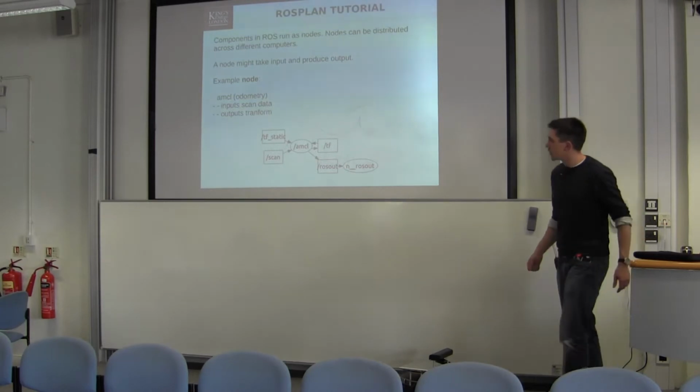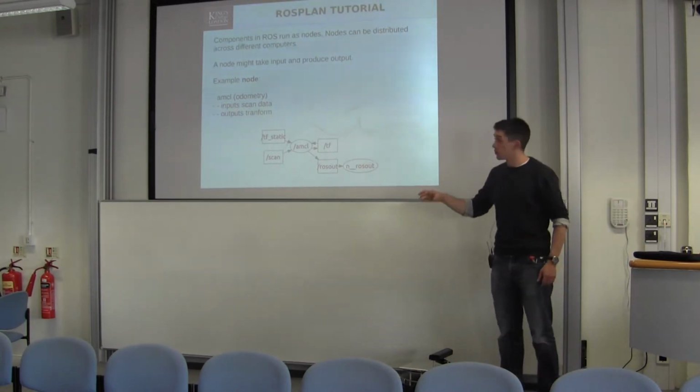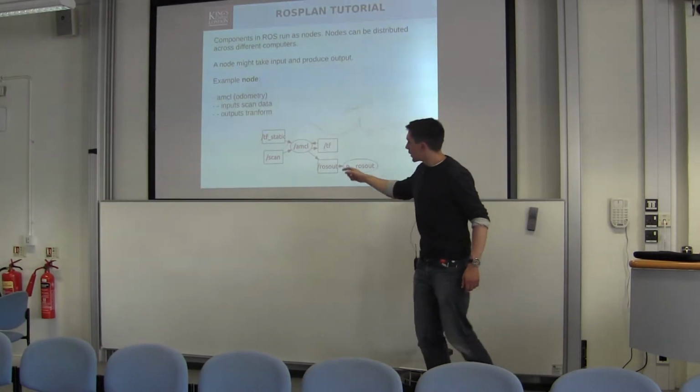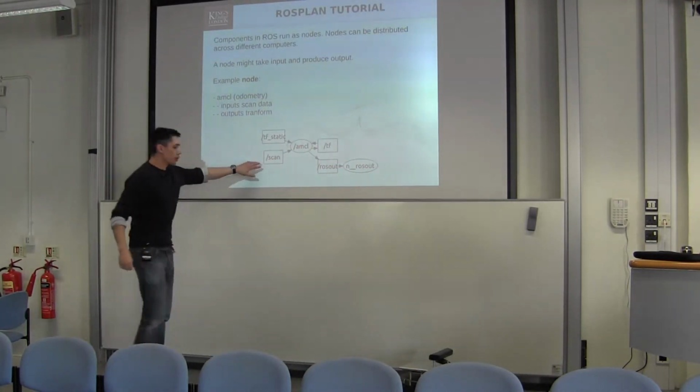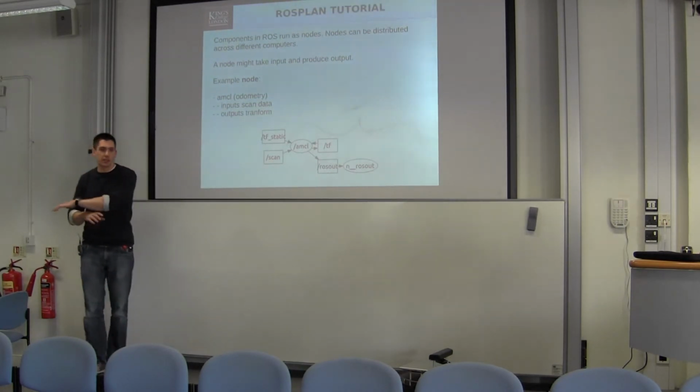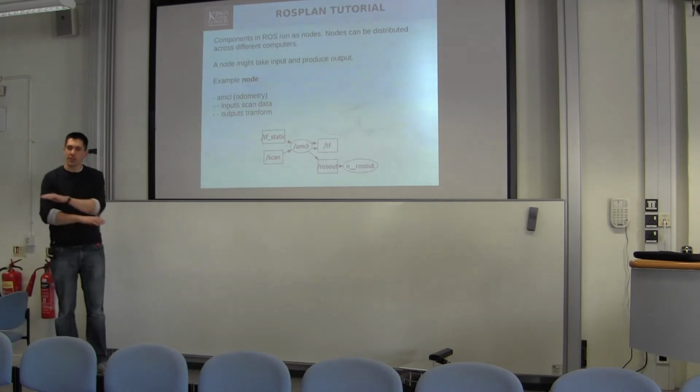Another example here is AMCL, which does the localization. AMCL takes in this scan topic. On this Turtlebot, it looks at the Kinect data and takes a slice of that, a depth image, to use as a fake laser scan.